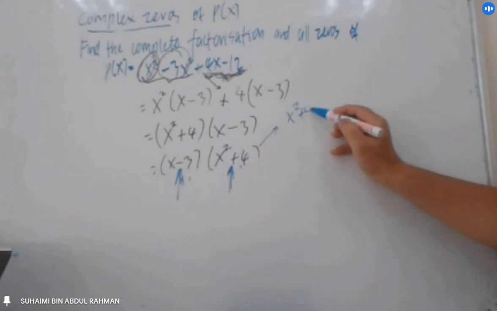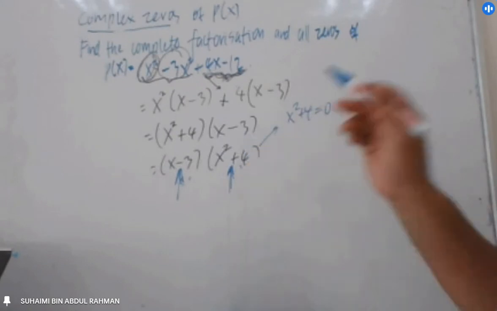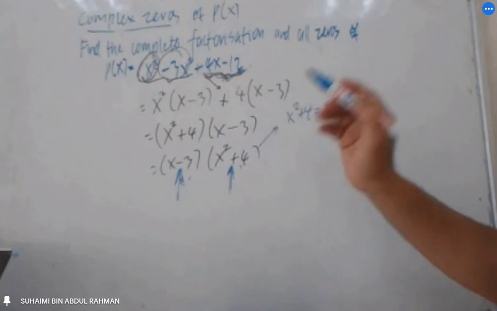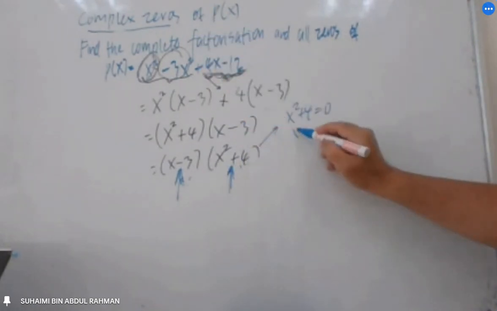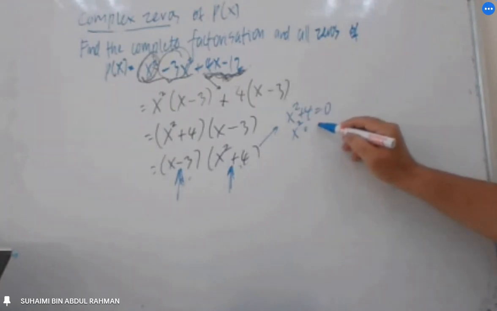You can see that x squared plus 4 equals 0. We make it equal to 0 because 0 makes the polynomial 0. X squared equals minus 4.